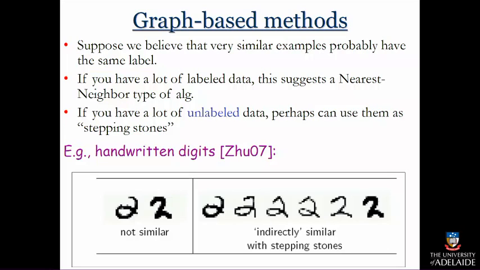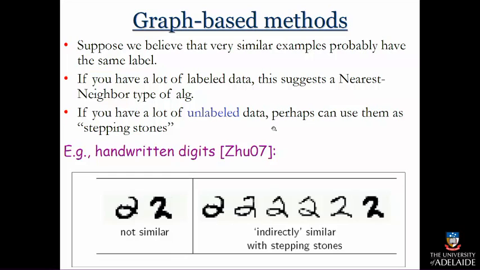So this is a reasonable assumption if we have a lot of labeled data. But what if you have a lot of unlabeled data? K-nearest-neighbor will not be able to use unlabeled data.